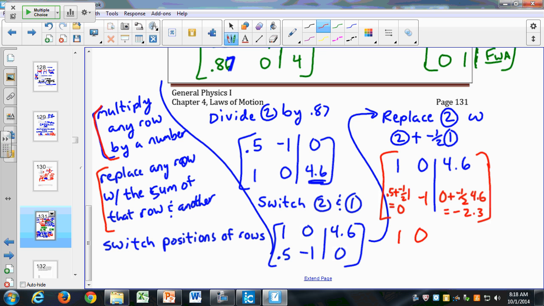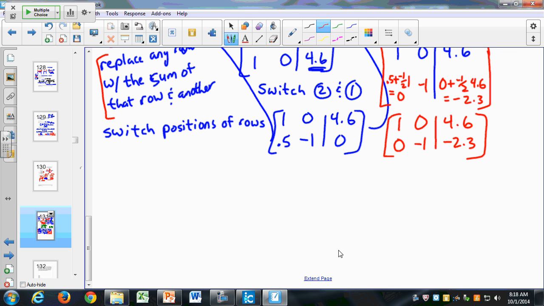I have 1, 0, 4.6, 0, negative 1, negative 2.3, and just one step left to do. What is that? That's right. So I multiply row 2 by negative 1. I get my identity matrix, 1, 0, 0, 1, 4.6, 2.3. And those are my answers that we found by substitution.